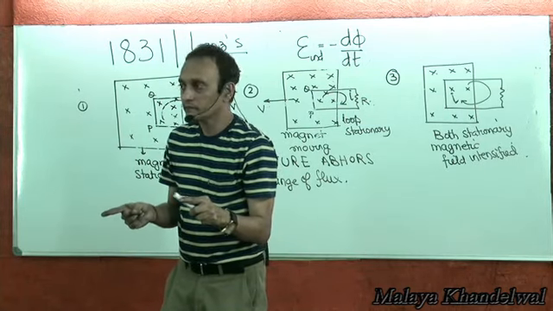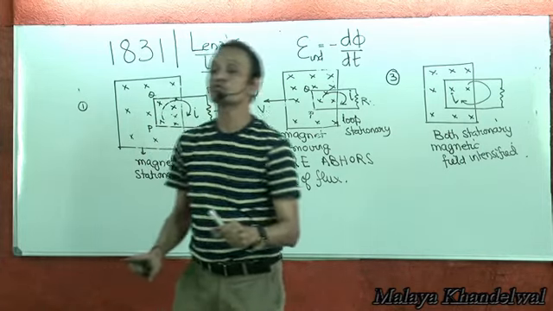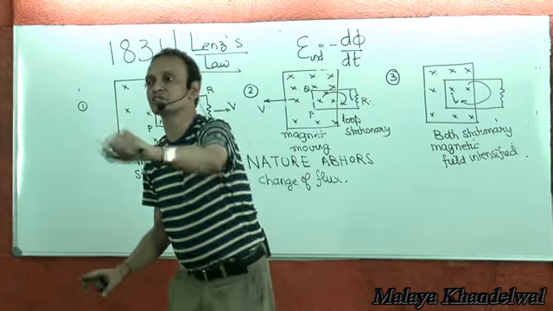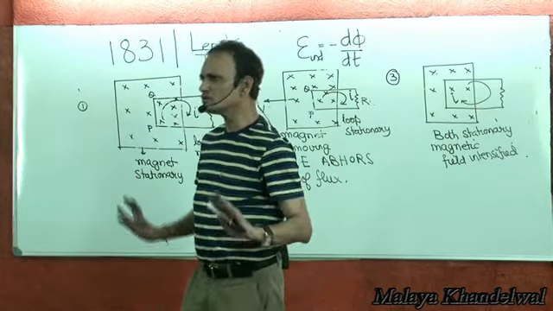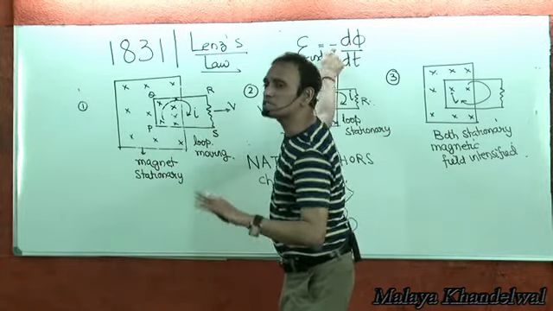Yes or no? So the direction of the induced EMF will always be such as to oppose the very cause for which it is due. That's the basic idea. The minus sign here is no good.